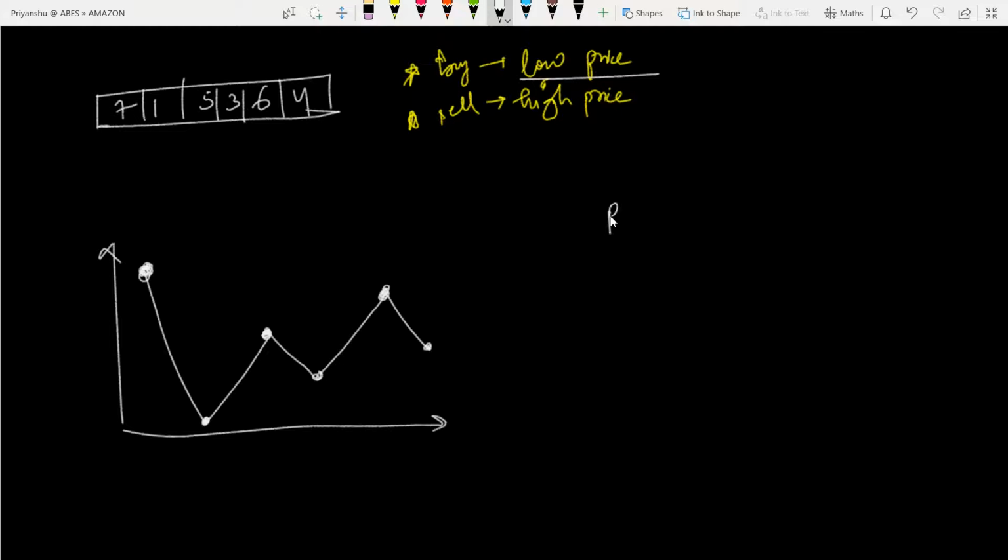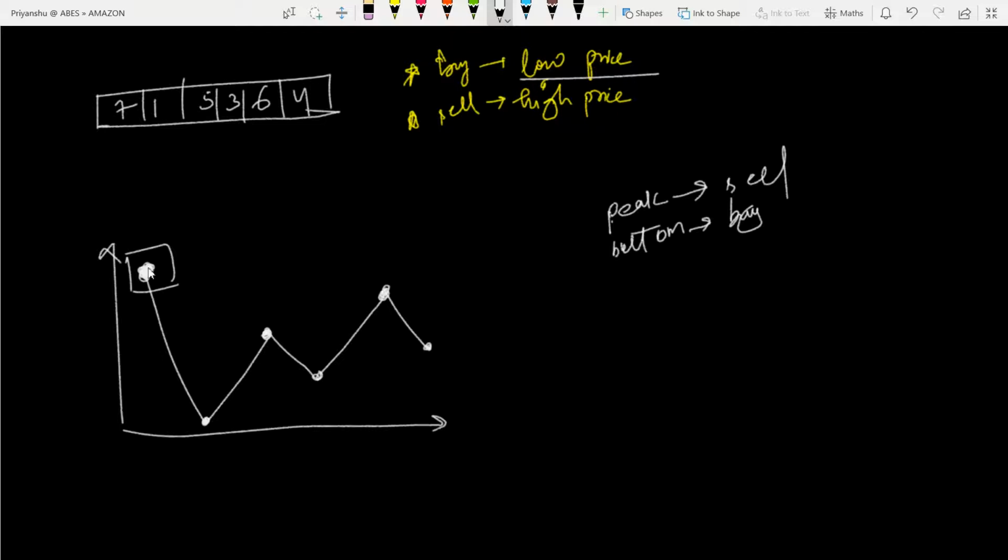At the peak point we will sell, okay, and at the bottom point we will buy. So is it logical to buy at this point?